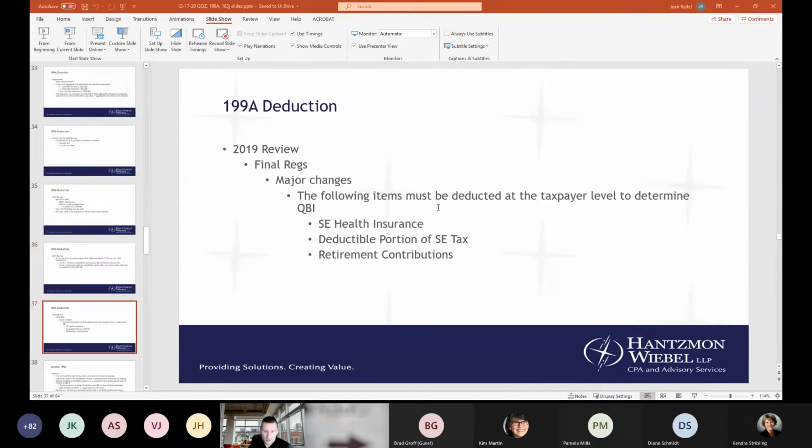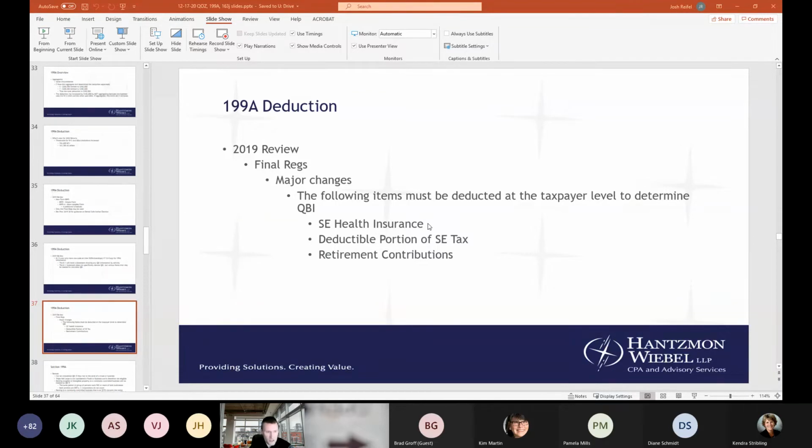Now, one thing that did come into question several times last year, one thing that the final regs did specify is that the following items must be deducted at the taxpayer level to determine QBI. And the biggest one on here that everybody had an issue with was the self-employed health insurance, because this is already deducted at the entity level to get ordinary income. But then according to the regulations, it has to be deducted again at the taxpayer level.